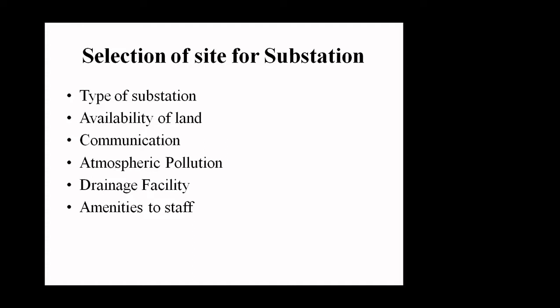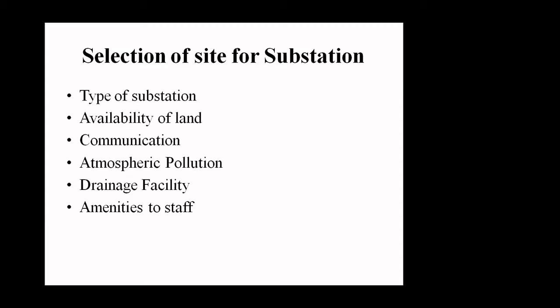We cannot have it in the city because the power is generated at 11 kV, then it has to be stepped up. Similarly, if it is step down substation, then we require land near to city. So the type of substation decides where to choose land for substation.